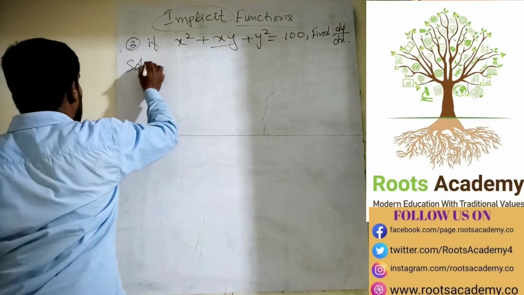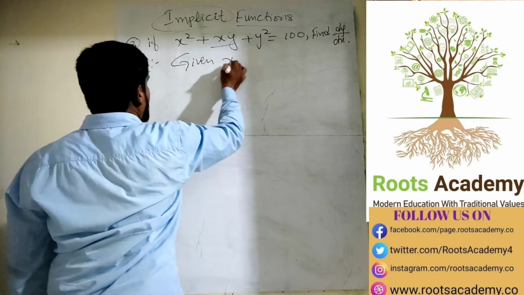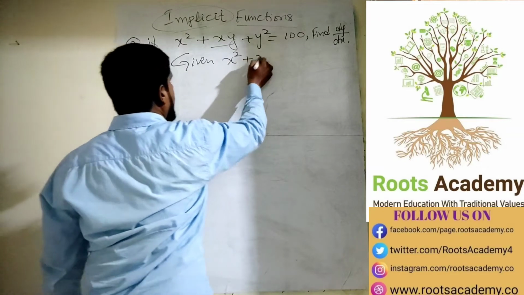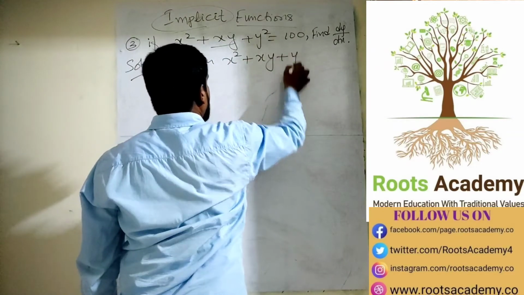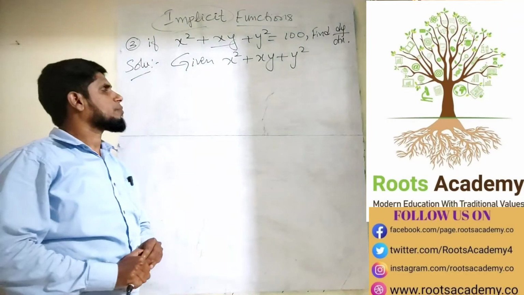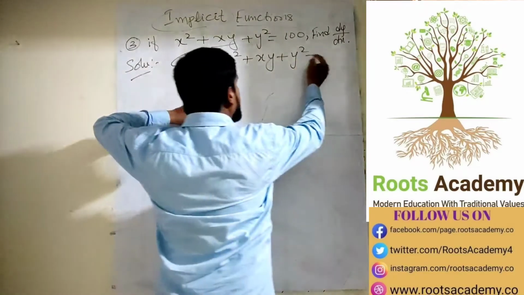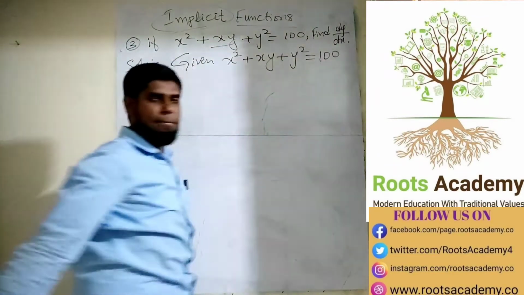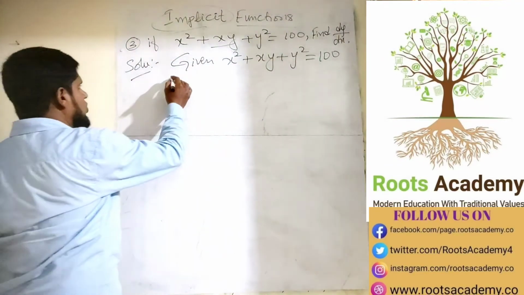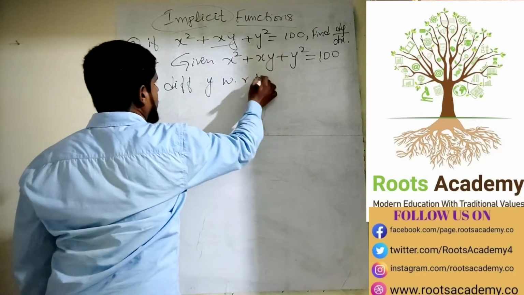Solution. Given x square plus x into y plus y square is equal to 100. Sorry. Differentiate y with respect to x.